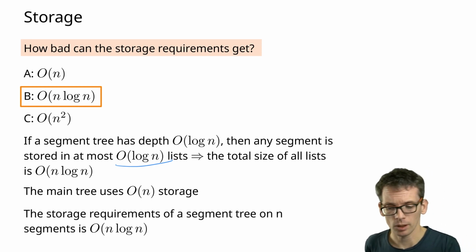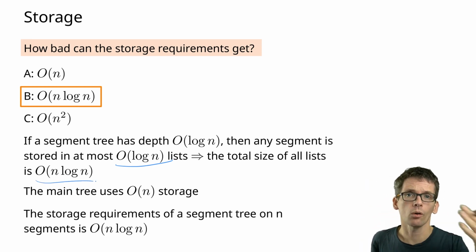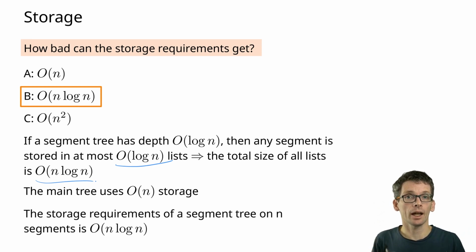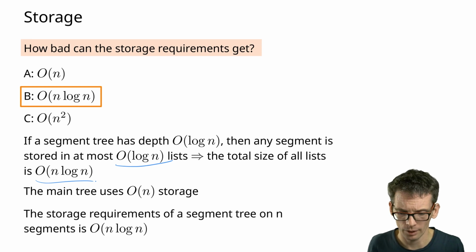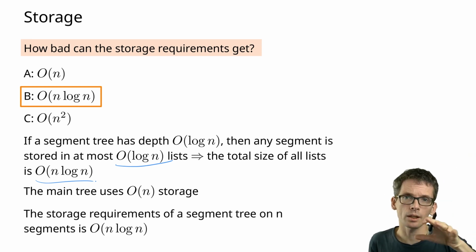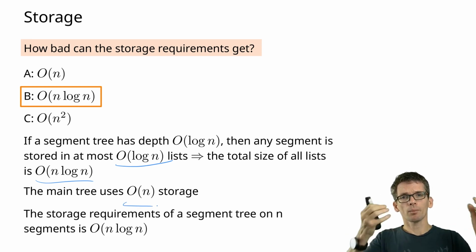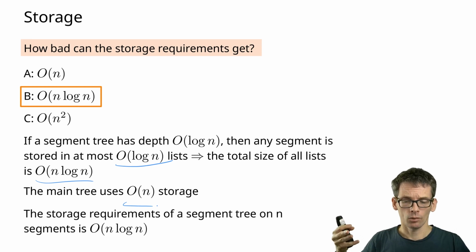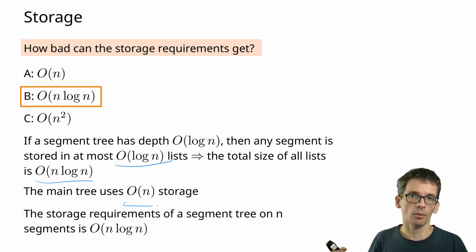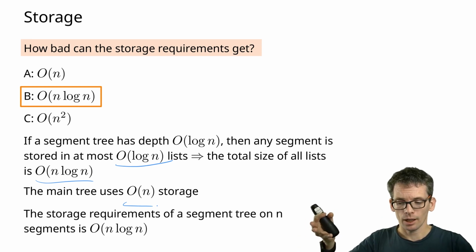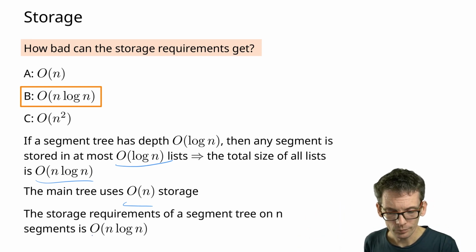I have n segments, so this adds up to overall storing n lists of length n log n. The main tree as such, the binary search tree, has linear space. So the overall storage is dominated by these lists, which overall, because every segment might be stored log n times, have total length order n log n. And that's what we get in terms of storage.